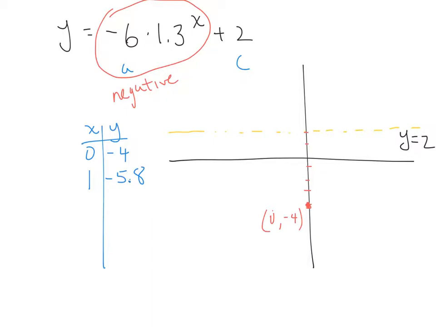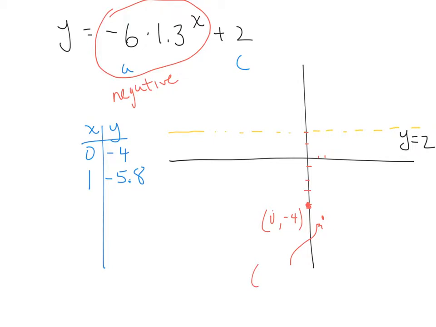Let's double check all of that. 1.3 times 6 is, of course, 7.8, so it's negative 7.8 plus 2, so negative 5.8. Yes, that's correct. So we're going to have this point, 1, negative 5.8, right there.